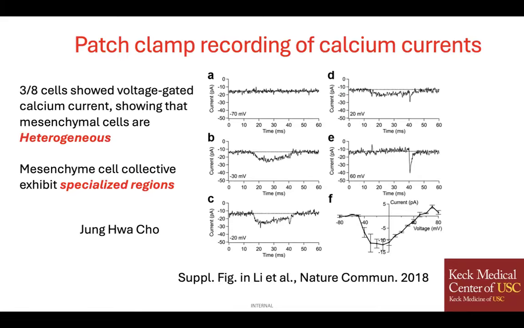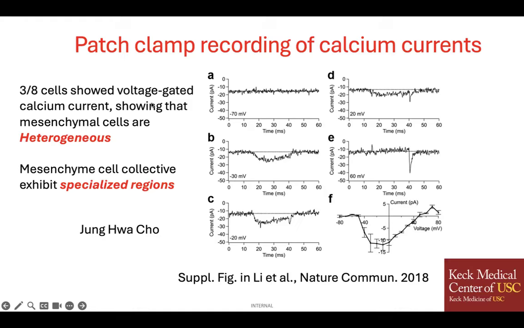We can also disperse the mesenchymal cells and patch clamp them. So this was done by Zhonghua from my lab, and this is a decent recording of voltage-gated calcium channel currents, and this is the so-called IV curve. I won't go into much detail except to say that not every cell had voltage-gated calcium channels.